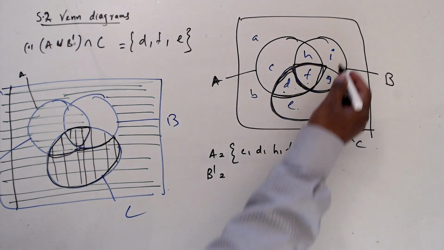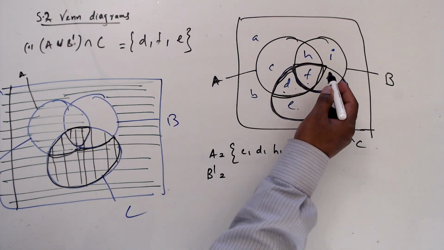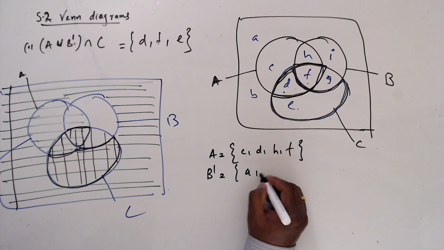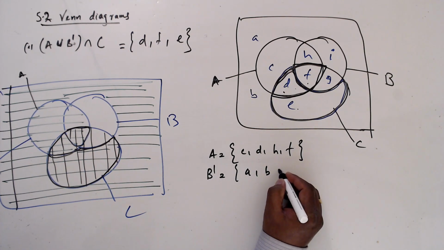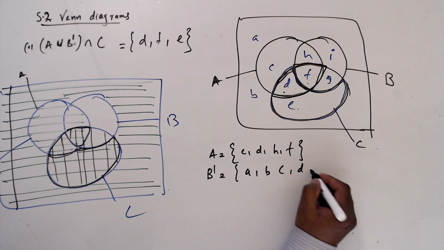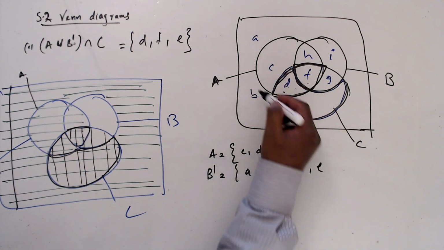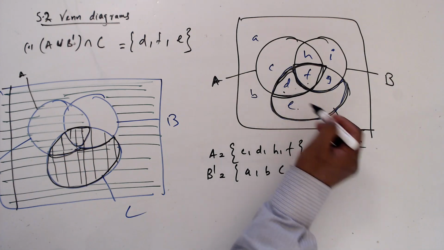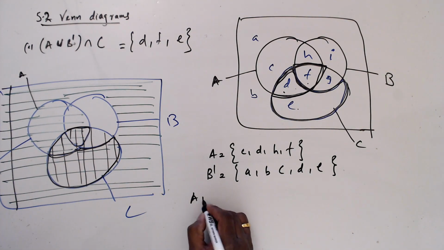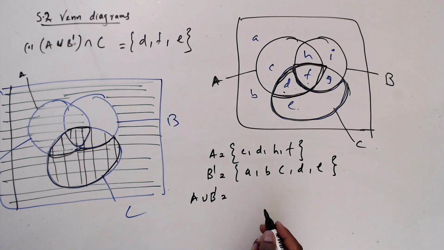B dash is not belonging to B. So A, B, C, D, E. That's all. Now A union B dash.